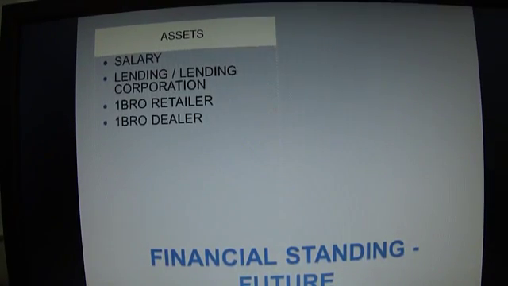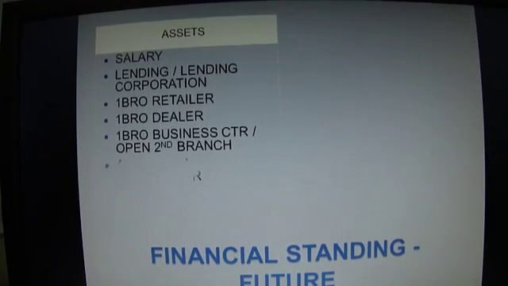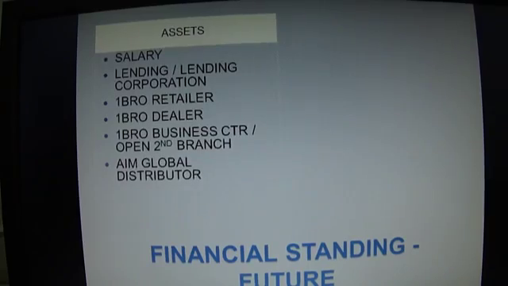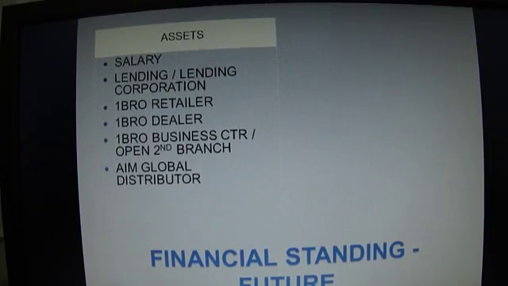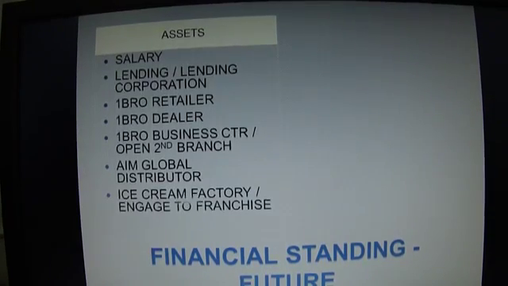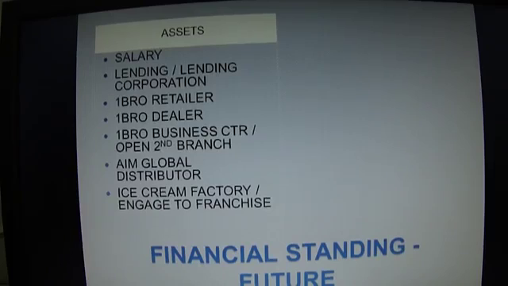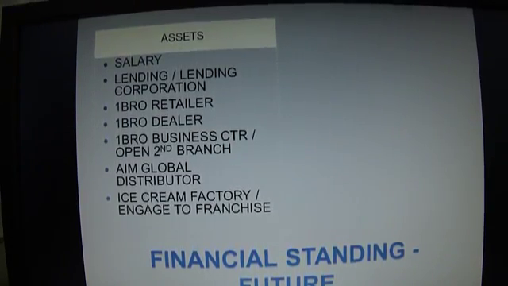I'm still a Wambro dealer. Our Wambro Business Center will open a second branch in Pangasinan. I continue selling food supplement. My ice cream factory by this time will be ready to engage in franchising.